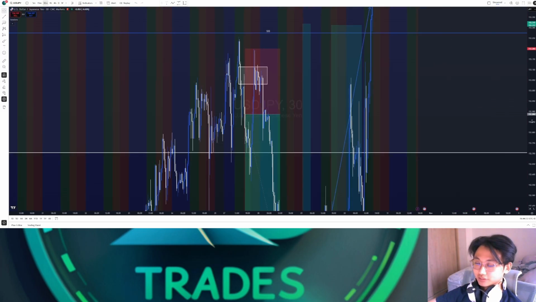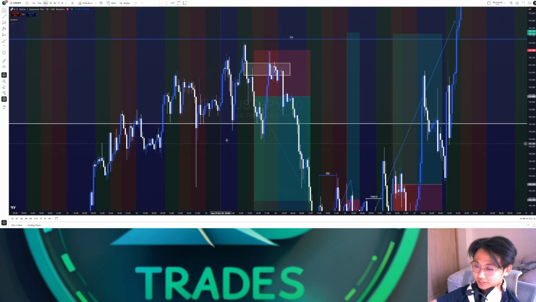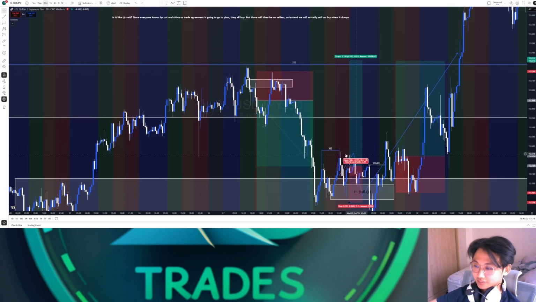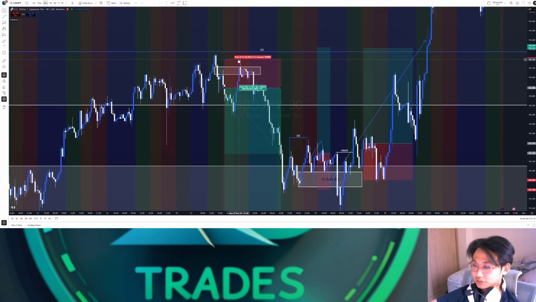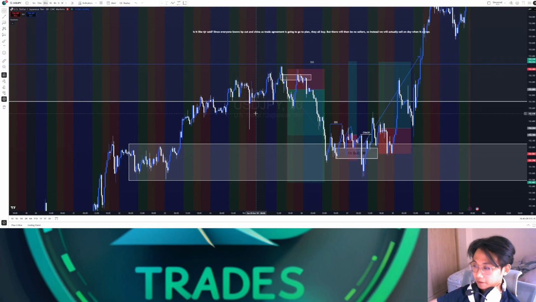Or 0.3 pips, 0.1 to 0.3 pips. So that's probably like the closest I've gotten. Yeah, so pretty crazy. And price just instantly reversed. So yeah, price positioning is really important here. Alright. Yeah, what a waste.